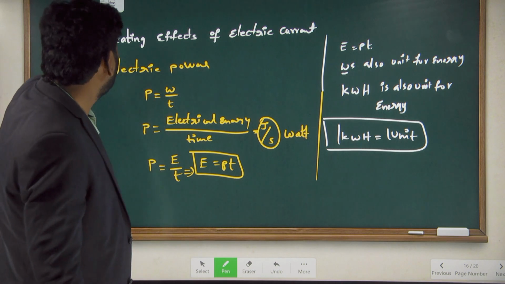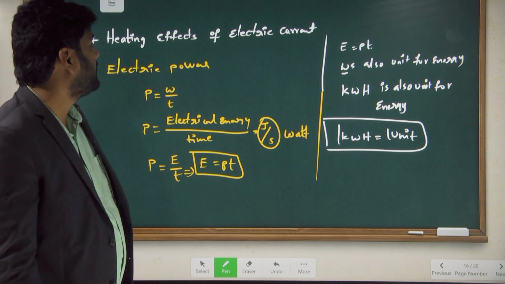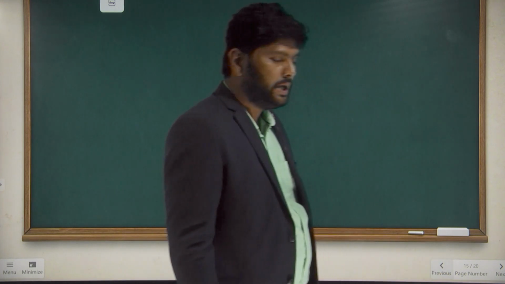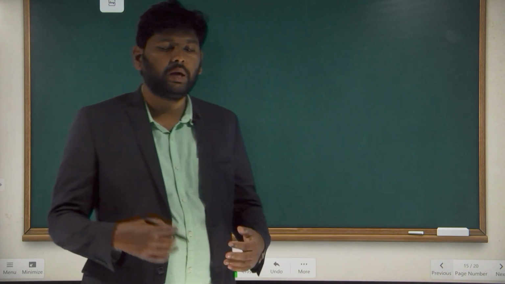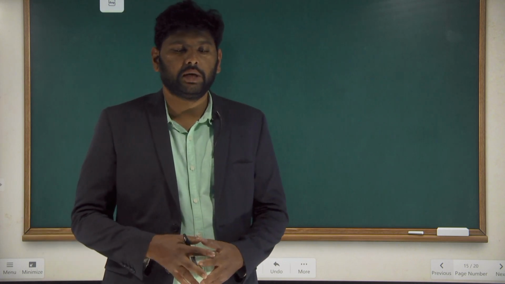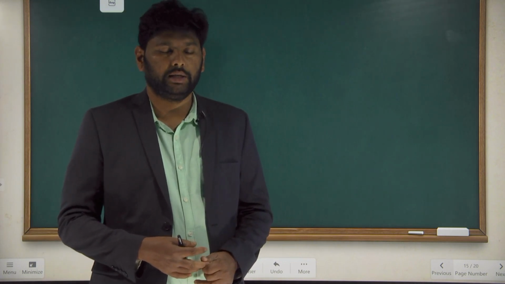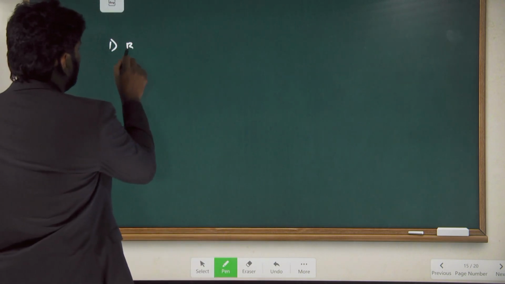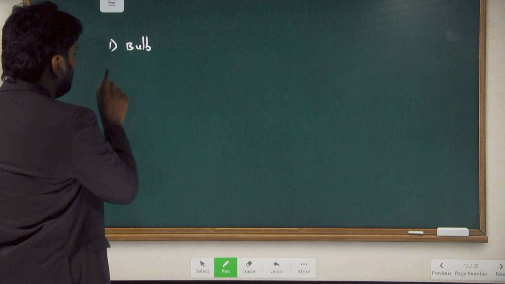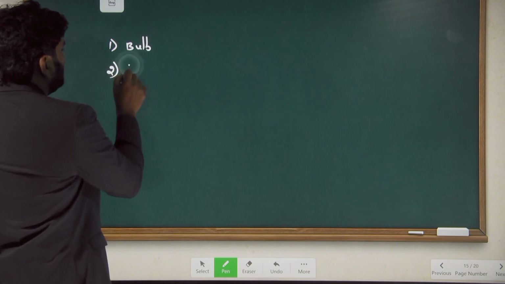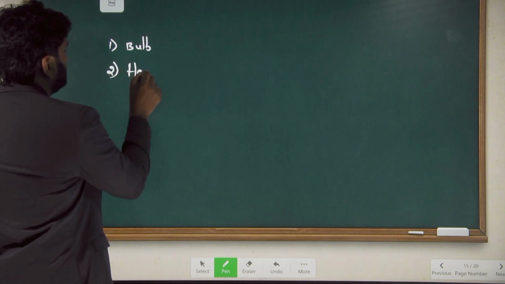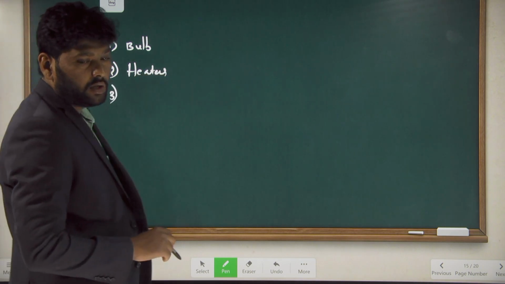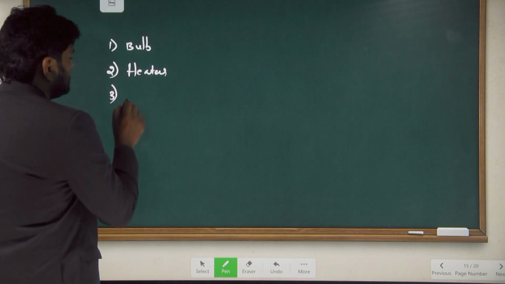Now let us go for the heating effect of electric current. In our daily life, many appliances work based on the heating effect of electricity. First one is the bulb, normal bulb. Second one is the heater or geyser. Third one is the fuse. Can you tell me other appliances?